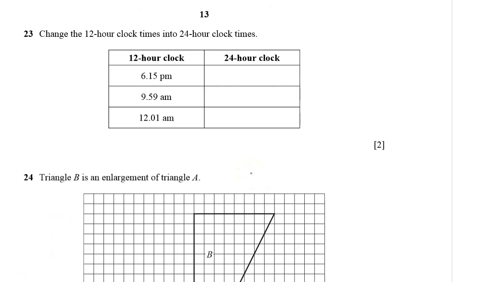Number 23, change the 12-hour clock times into 24-hour clock times. To change from 12 to 24, you only add 12:00 to get 24 o'clock.